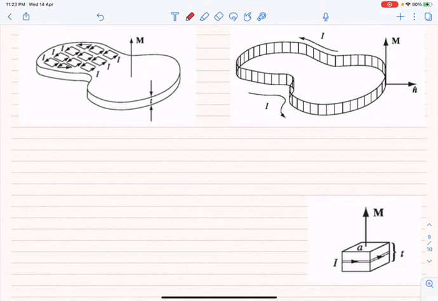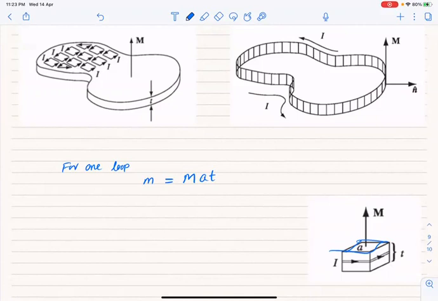Let me write it now. Your magnetic dipole moment, I'll write the small m. The magnitude is nothing but the dipole moment per unit volume, that is your capital M, multiplied by the volume. The volume is your area, let's say the area is A, times the thickness T. So that's your magnetic dipole moment for each loop.